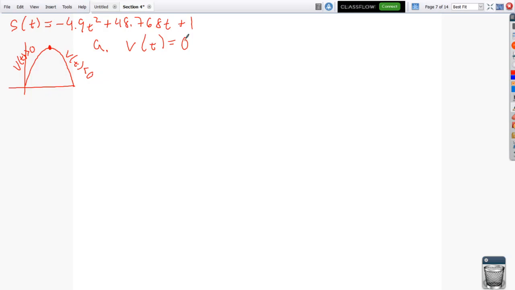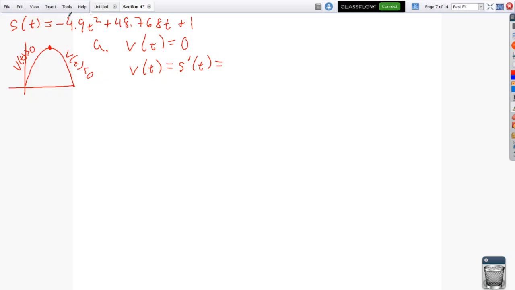Now looking here, we know from a couple of slides ago that v of t is equal to s prime of t. Looking up here, we've got some pretty simple rules to follow for our s prime of t. It looks to me like I'm just doing power rule.